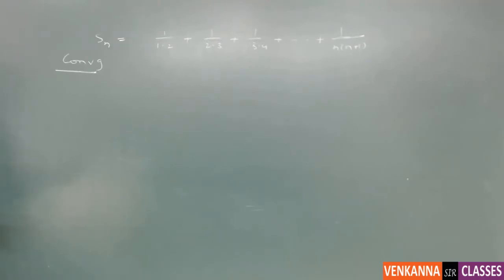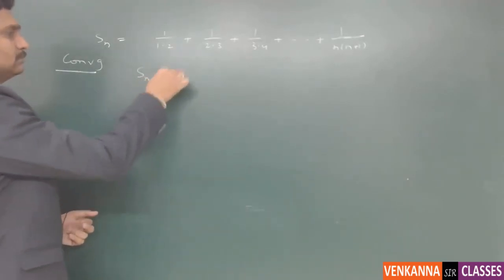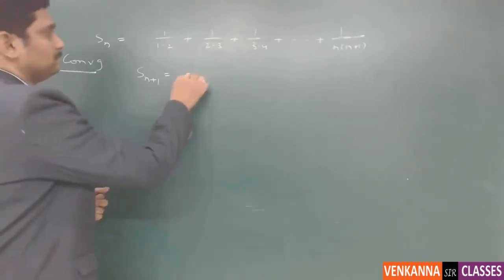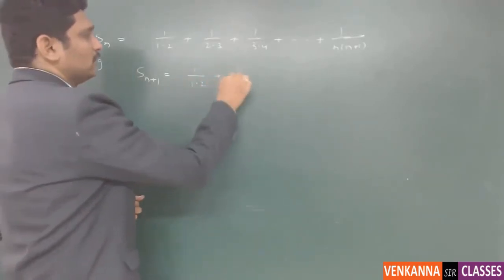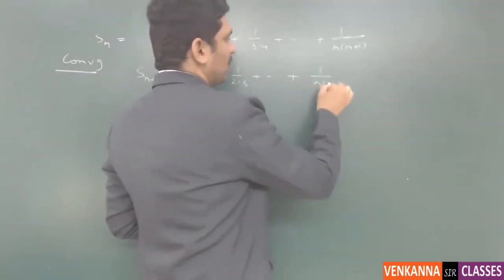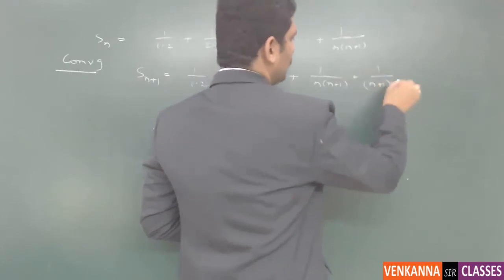So in the same way, let us find the next term, that is Sn plus 1. It equals 1 by 1 into 2 plus 1 by 2 into 3 plus so on plus 1 by n into n plus 1 plus 1 by n plus 1 into n plus 2.